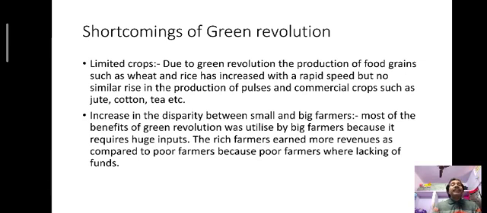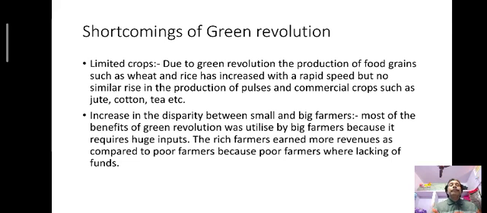One was wheat and the other was rice. In other crops it was implemented, but didn't show the output compared to wheat and rice.